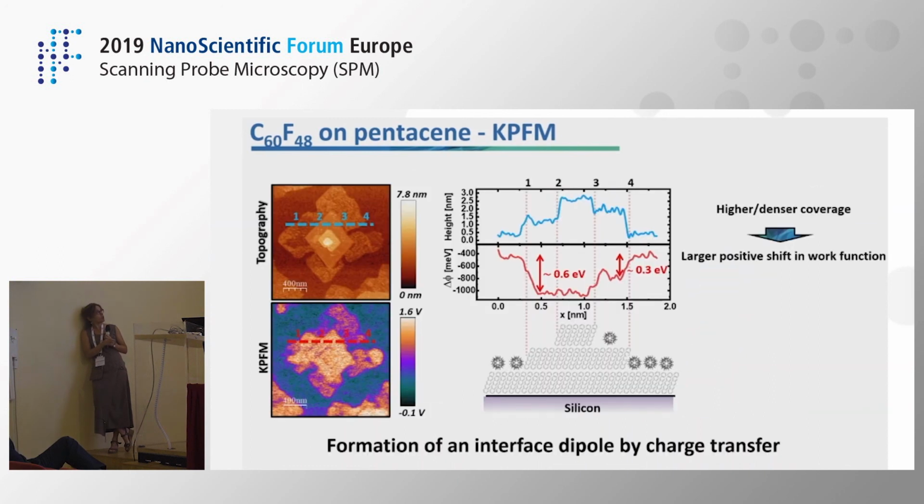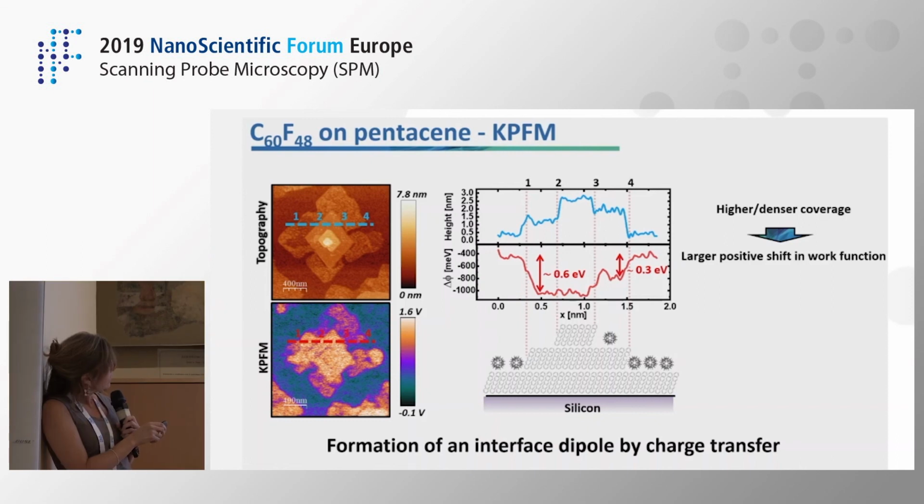And exploring the earliest growth of the dopant on top of the pentacene, this is a pentacene island where you can see the first, second, third, and fourth layers of the pentacene. You can see that the coverage of the dopant depends on the layer number, decreasing with the layer number, and this is also reflected in the lower shift of the work function as a function of the layer number.